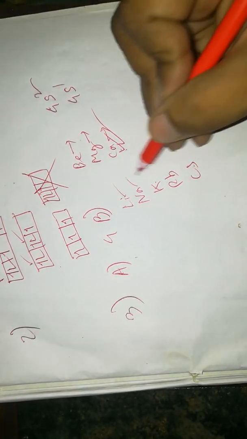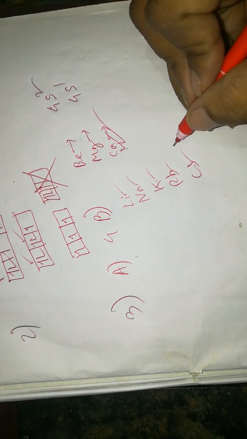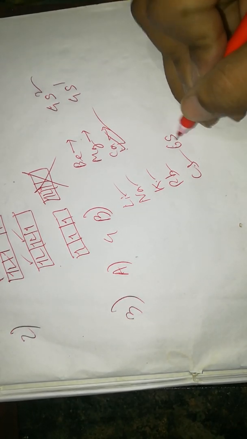The outermost shell of calcium is 4s2, the outermost shell of copper is 4s1, but for cesium: lithium, sodium, potassium, rubidium, cesium. So 1, 2, 3, 4, 5, 2, 3, 4, 5, 6. So cesium is in period 6. So its outermost shell has got 6s1.